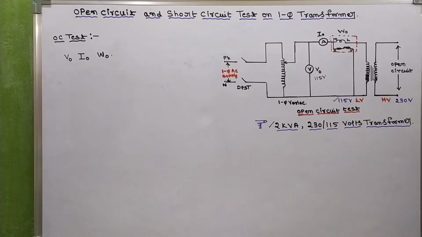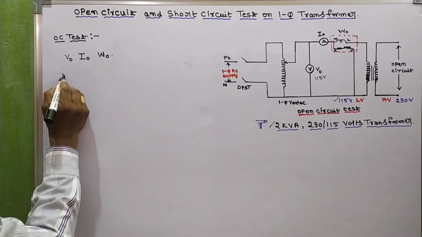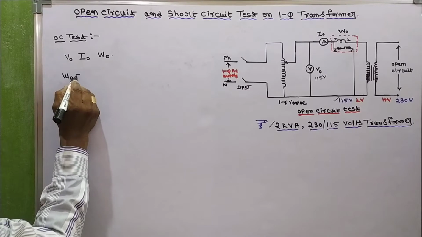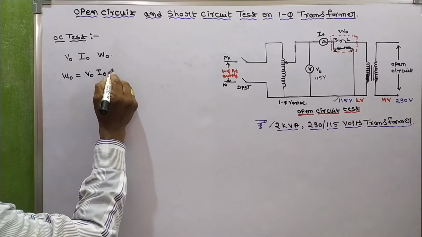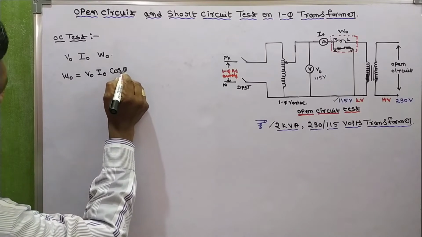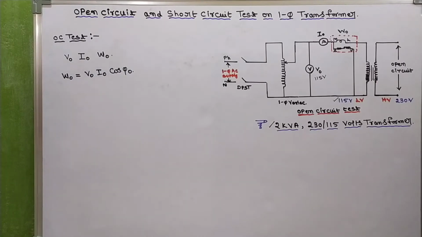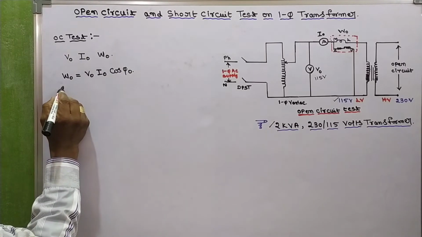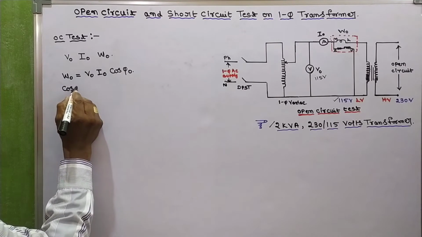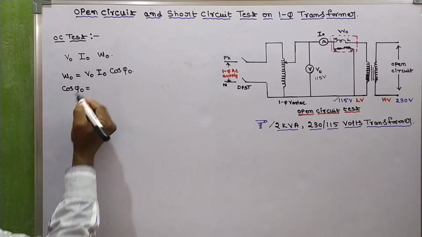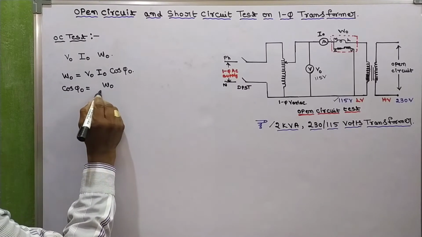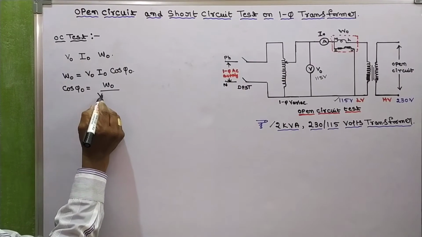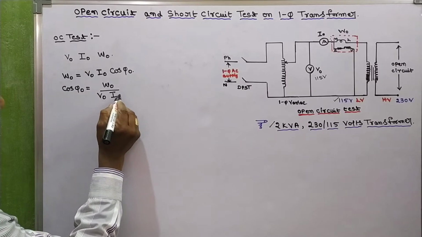Okay, so already we know the no load power W0 is equal to V0 I0 cos phi naught. If you want to calculate cos phi naught, which is the no load power factor, cos phi naught is equal to W0 by V0 I0.